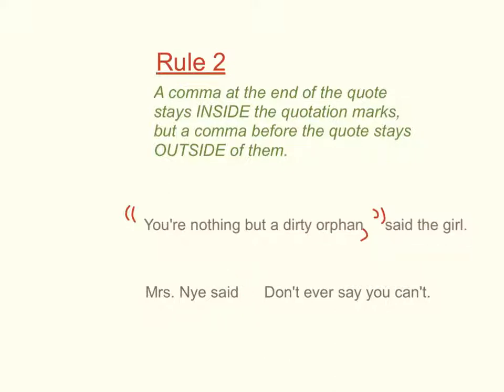And in that case, again, rule 1, anything a character says inside quotes. And in this case, because we're going to have that comma before the quote, it stays outside the quotation marks. So in each case, the comma shows you the separation between quoted part and non-quoted part. And if the comma comes at the end of the quote, it stays inside the quotation marks. If it comes before the quote, it stays outside them.